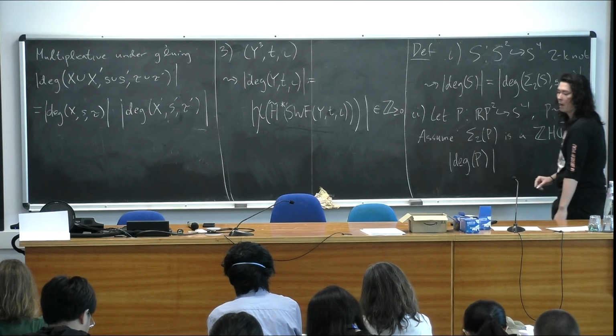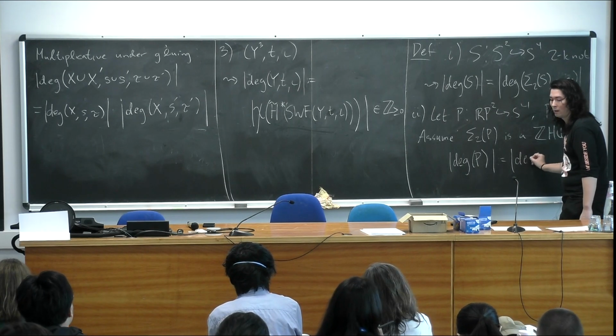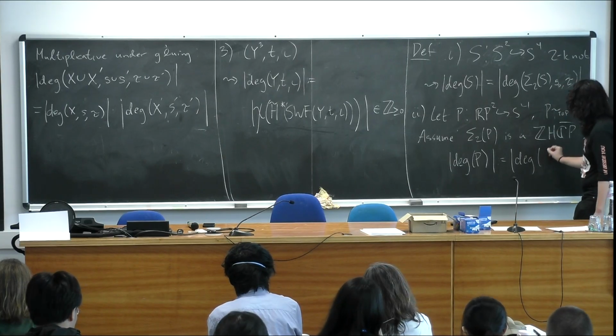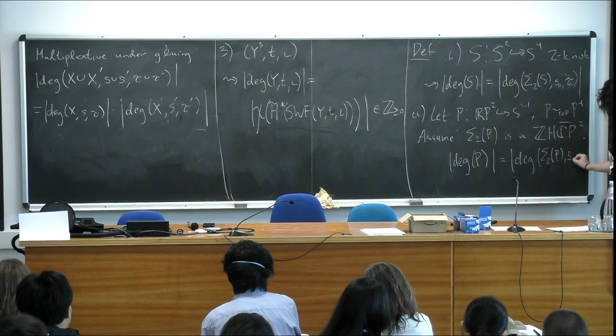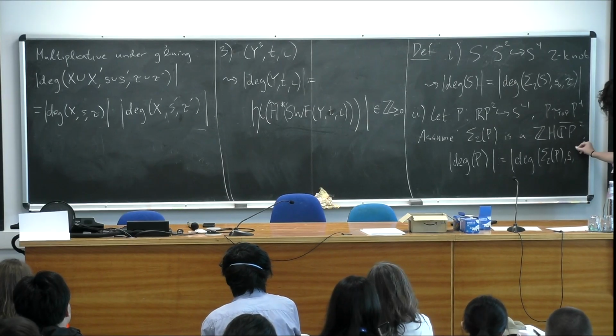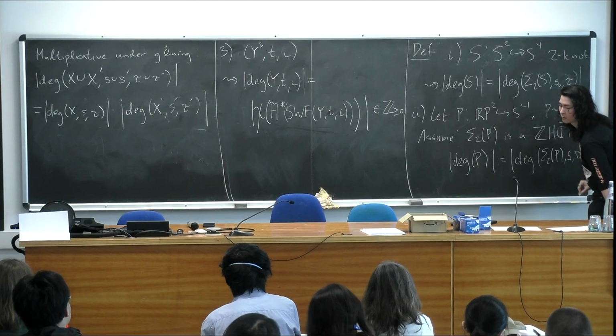So I'm going to define the absolute value of degree of P to be equal to the absolute value of the degree of the double branched cover with a certain real spin C structure, and the covering involution, tau.